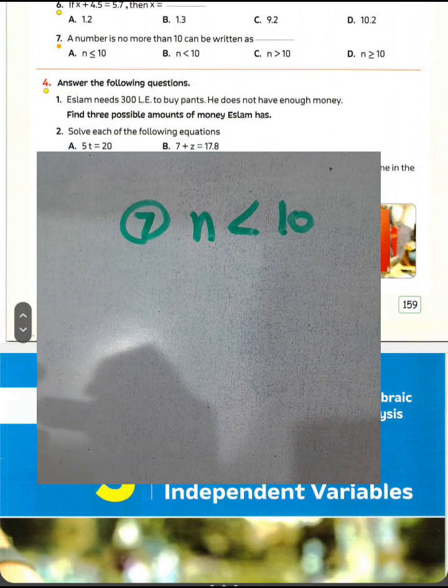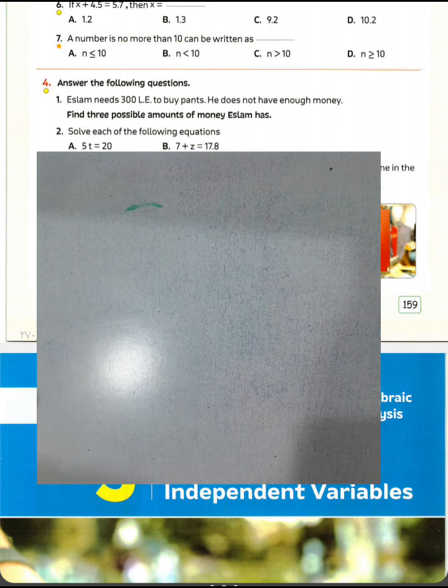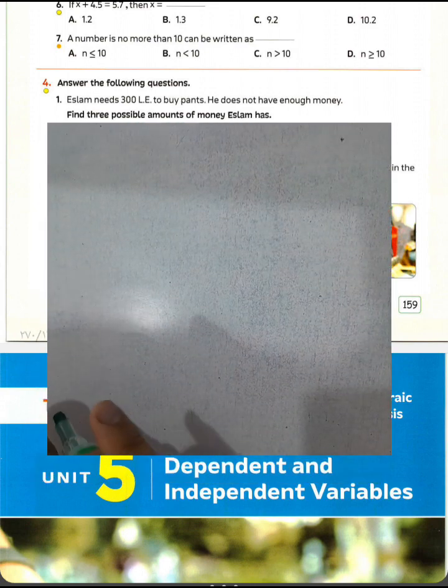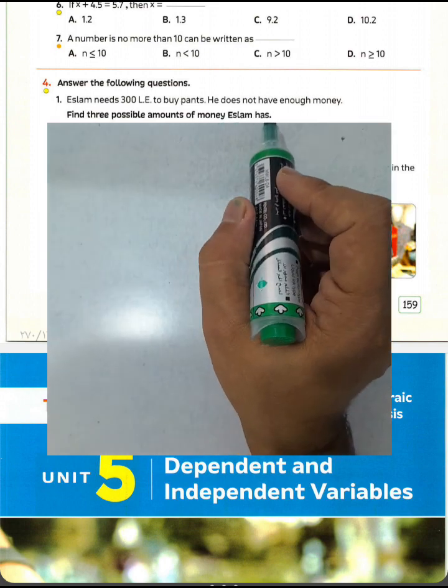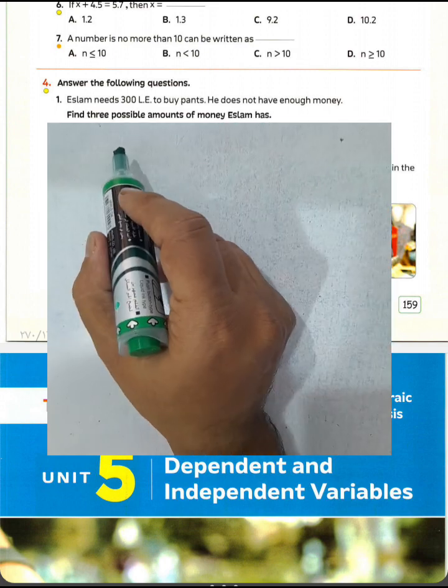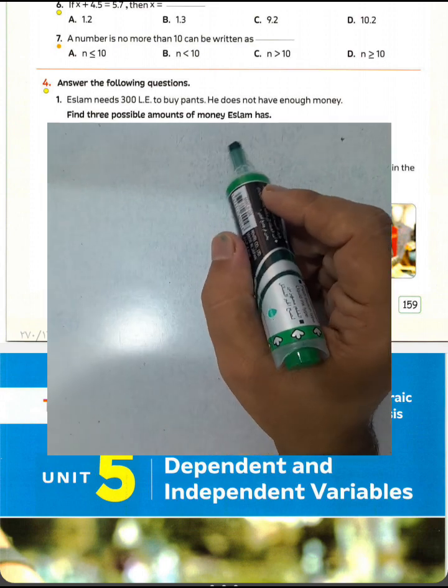Question number 4. Look with me at question number 4 here. Answer the following questions. Islam needs 300 Egyptian lira to pay for pants. He doesn't have enough money. Find 3 possible amounts of money Islam has.